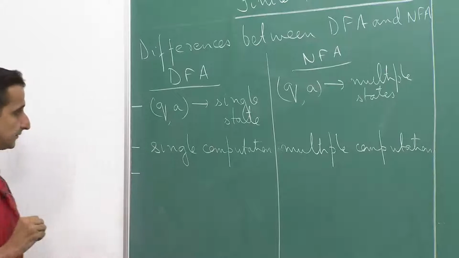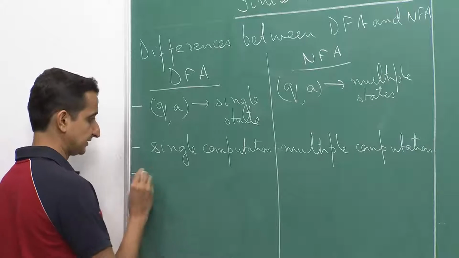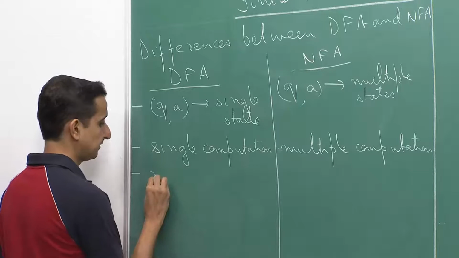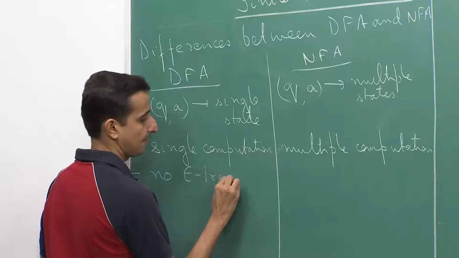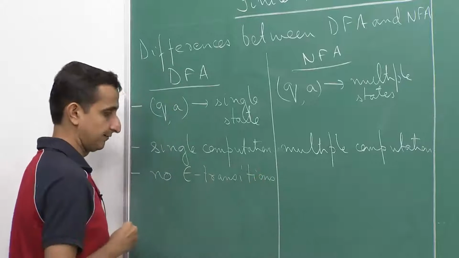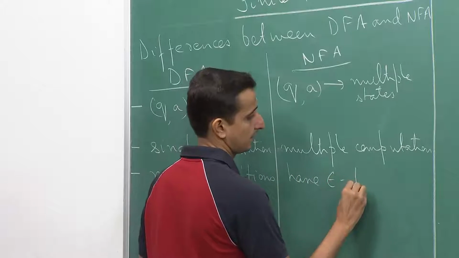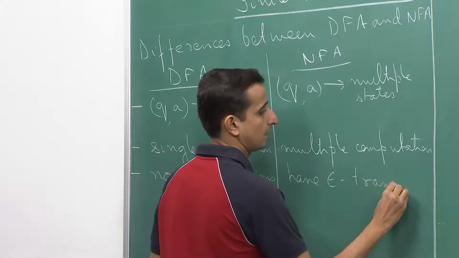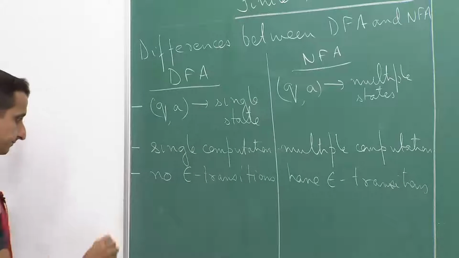The third point is that of epsilon transition. In a DFA we do not have any epsilon transitions. By definition, here we have epsilon transitions.